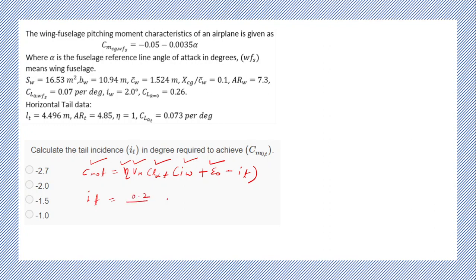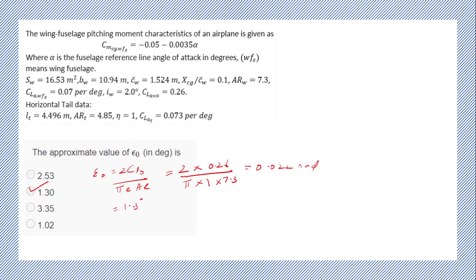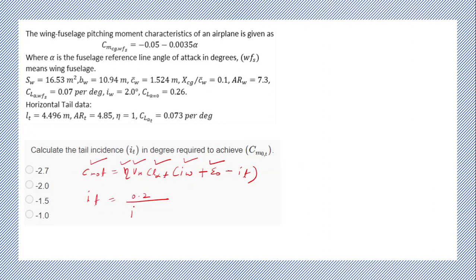0.2 divided by eta is 1. VH is 0.153. CL alpha of the tail 0.073. And here you have to convert it because, okay, it's in per degrees, you don't have to convert it. Okay.